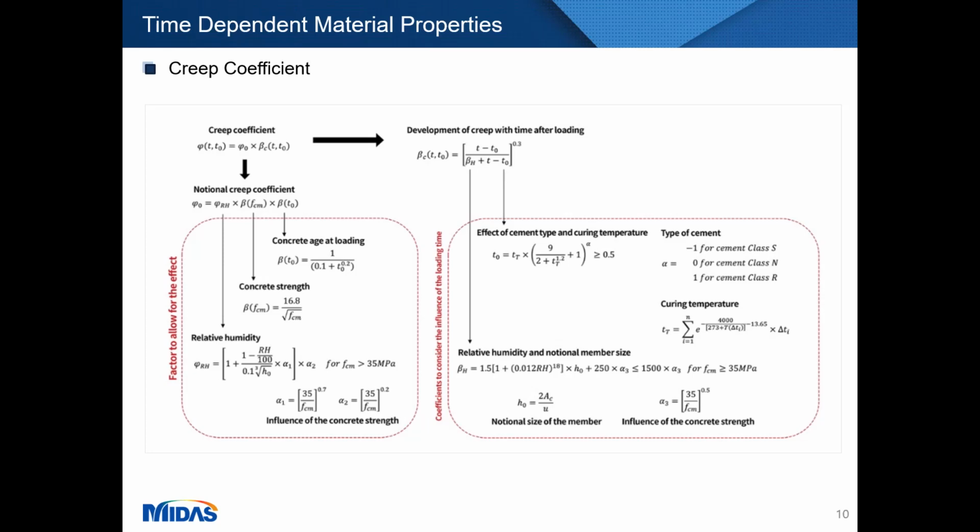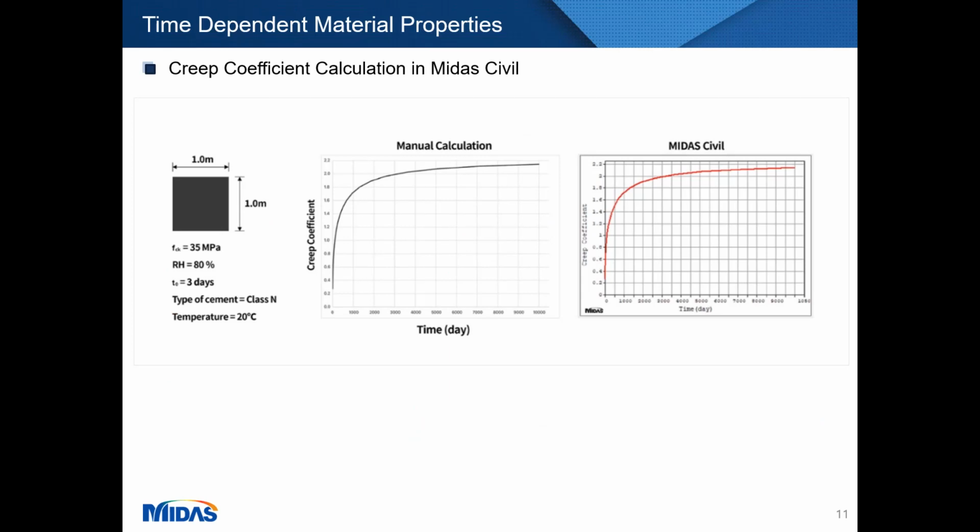Now let's look at how the creep coefficient graph is calculated in MIDAS. Here we have considered a member of 1 by 1 meter, and here fck is 35 MPa.